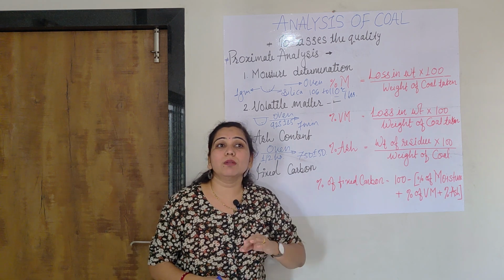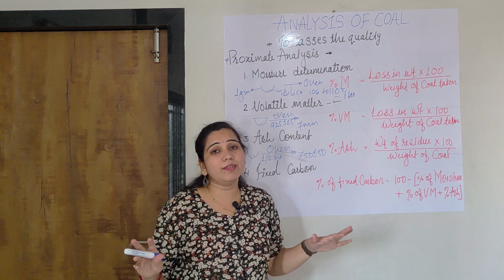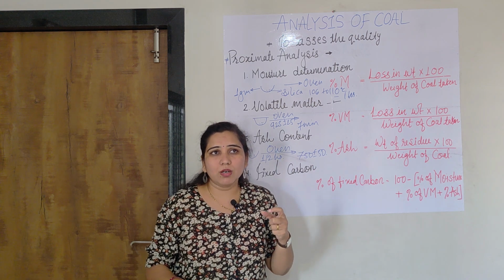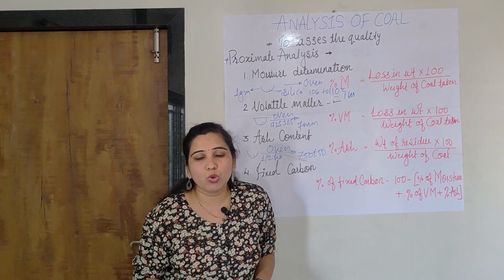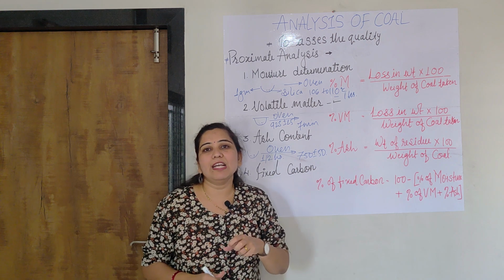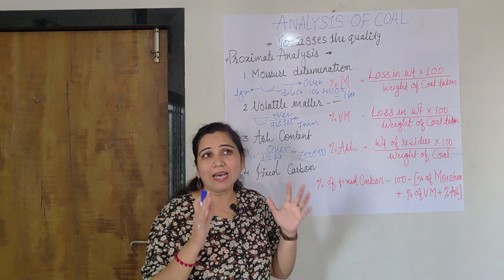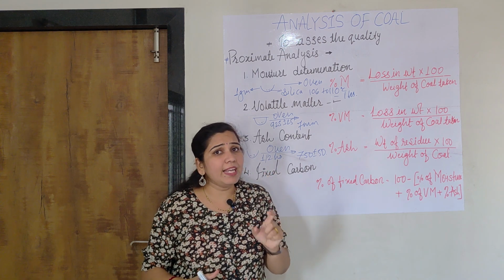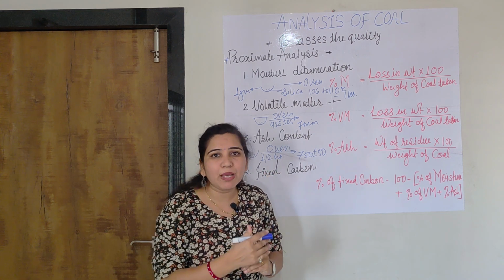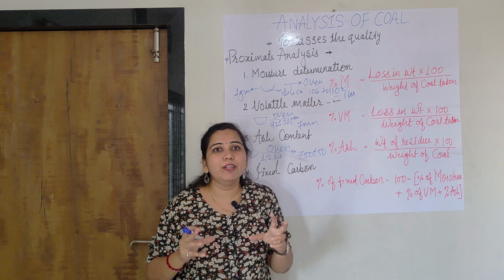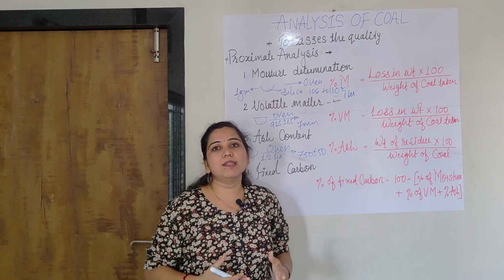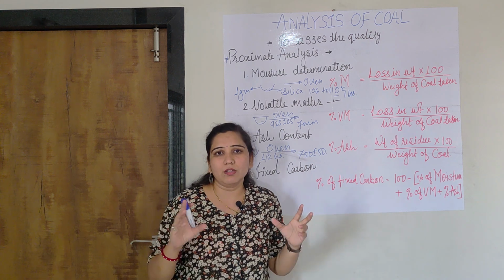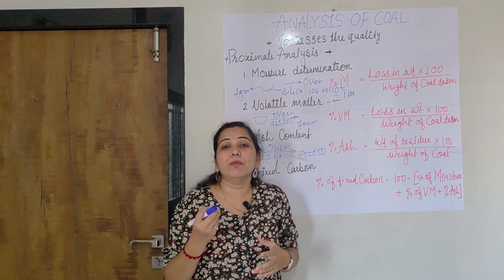Ash is the unburnt portion which will not burn at any time, so it will remain after the burning process. This ash is not required in good quality coal, because when a large amount of coal is burned on the grate, that ash at a very high temperature may look like a liquid type of large particles, and they can fix into the grates, the nets provided for the burning process.